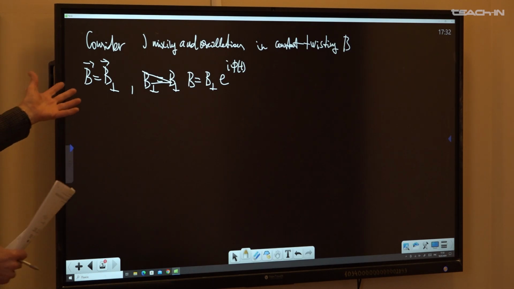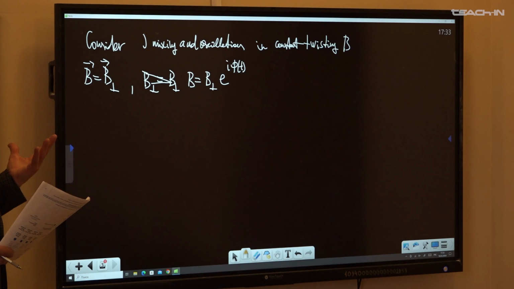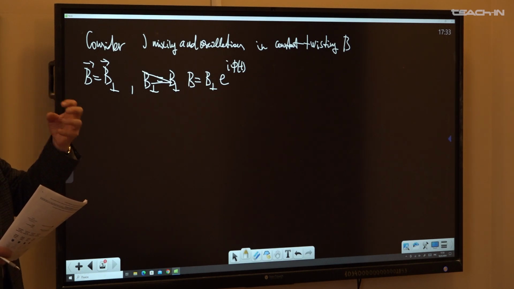Why do these fields come into the market? Because in some models of the structure of the electromagnetic field, and in particular the magnetic field in the sun, it looks like the following.